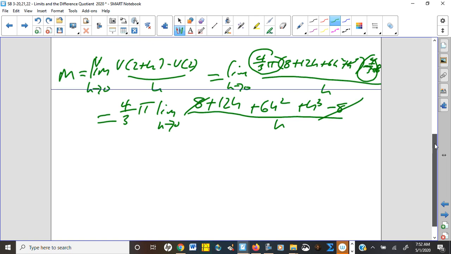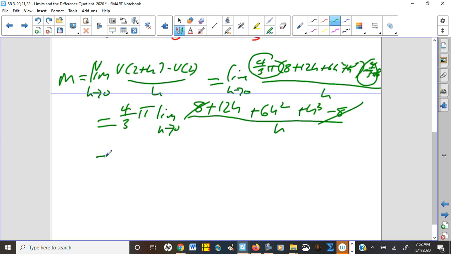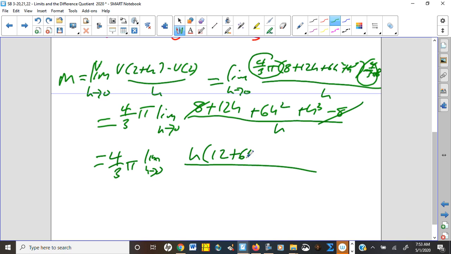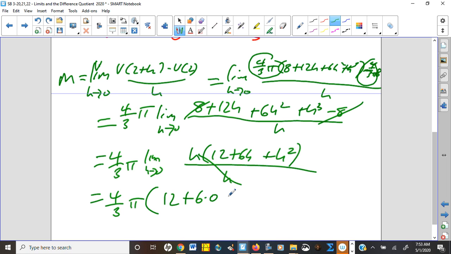And now we're almost done with this problem, okay? So 4/3 pi, and we'll factor the h out. We'll get 12 plus 6h plus h squared over h, cancel the h's, 4/3 pi. I can now evaluate the limit because all I have left is the 12 plus 6h plus h squared. So let's go ahead and do that. 12 plus 6 times 0 plus 0 squared, which we know these are going to zero out.